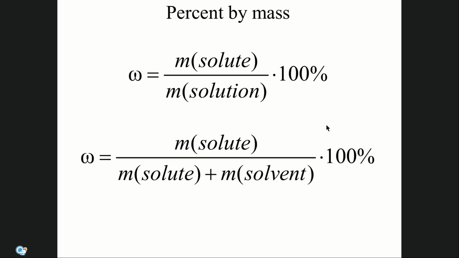For example, solutions of hydrochloric acid can be prepared by dissolving hydrogen chloride, HCl, a gas at room temperature and atmospheric pressure, in water. Solutions of sodium hydroxide are prepared by dissolving solid sodium hydroxide in water. The solutions used in the laboratory are usually liquids, and the solvent is often water. These are called aqueous solutions.